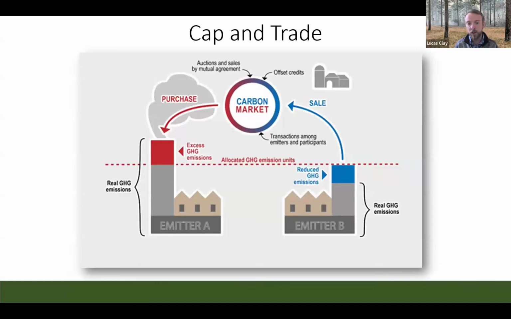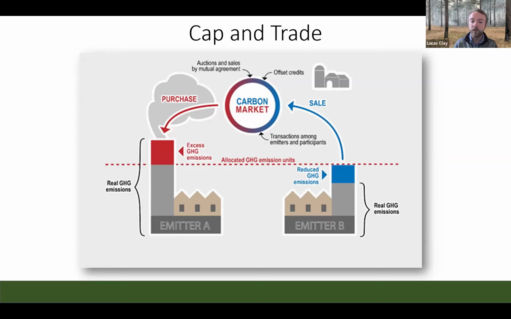Cap and trade works in a way where you have both allowances, or the ability to pollute, or offsets, where you're actually purchasing these carbon credits or offset credits to offset emissions. So in this example, we have 2 emitters, emitter A and emitter B, and they're both governed under the California cap and trade market.